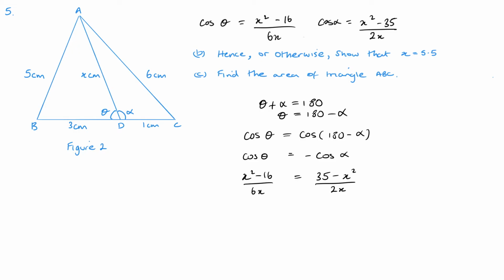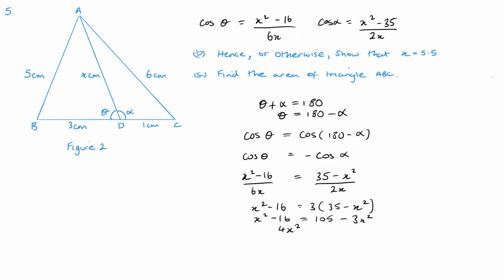Now, if I multiply by the 6x over to the other side, the 6x will cancel with the 2x and just leave me with 3. So x squared minus 16 would become 3 lots of 35 minus x squared. Or x squared minus 16 is equal to 105 minus 3x squared.